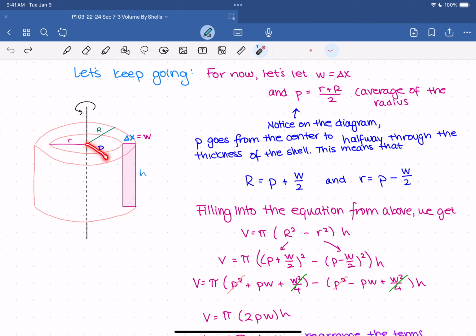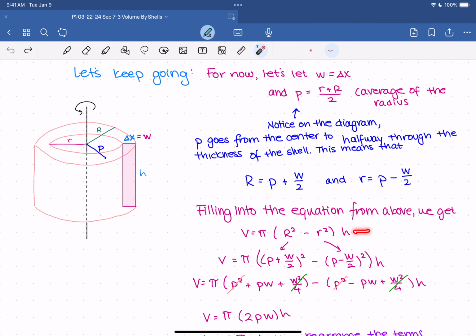So it's exactly halfway through the thickness of the shell. And if that's true, then I can create these two equations for the outer radius and the inner radius. The outer radius is P plus half the thickness, and the inner radius is P minus half the thickness. And that's exactly what we've got here.